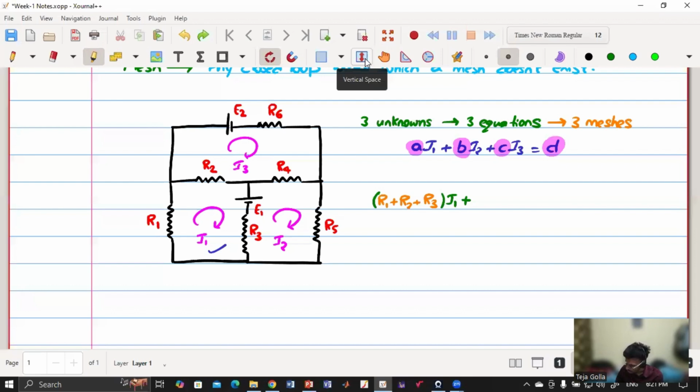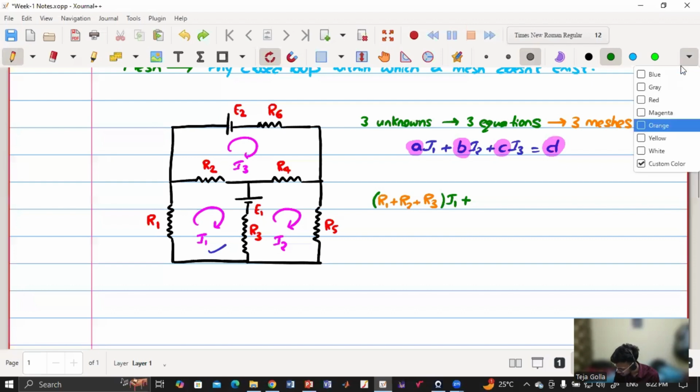If you see, M1 and M2 have this limb in common, so M1 and M2 have a common resistor R3, and M1 and M3 have a common resistor R2.